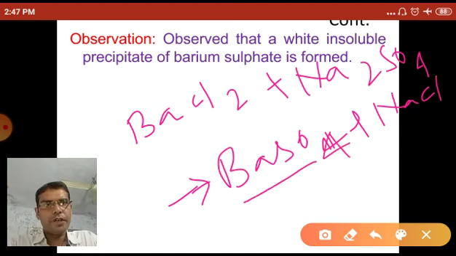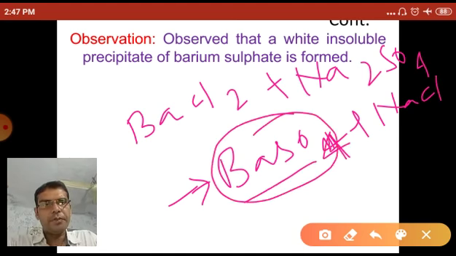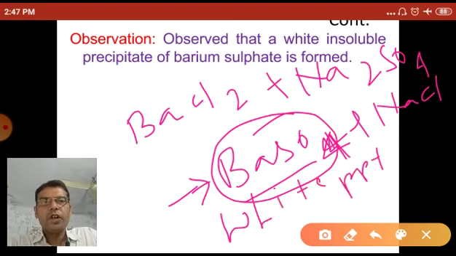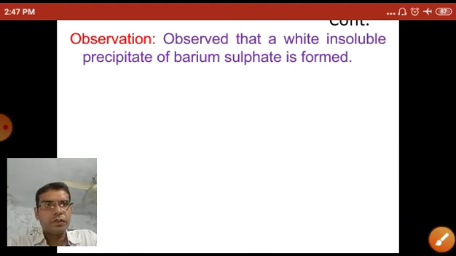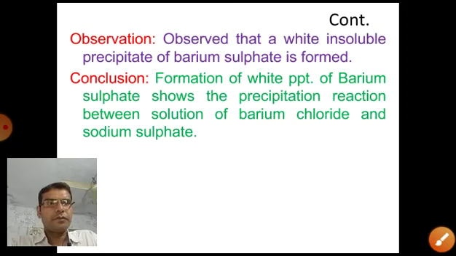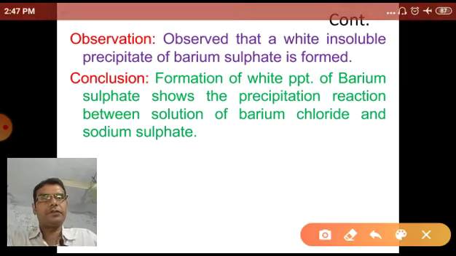Barium sulfate is a white precipitate. So after the completion of the reaction, we observe the white precipitate of barium sulfate in the test tube. This reaction indicates that this is a type of precipitation reaction.